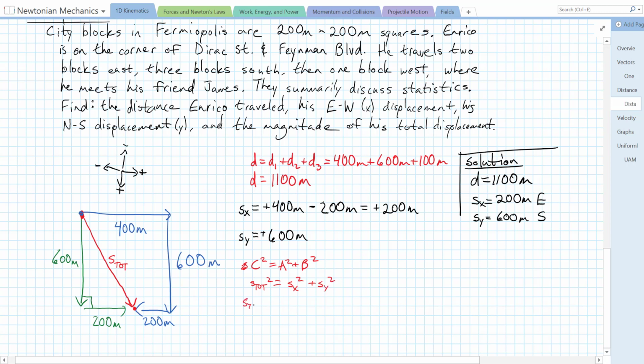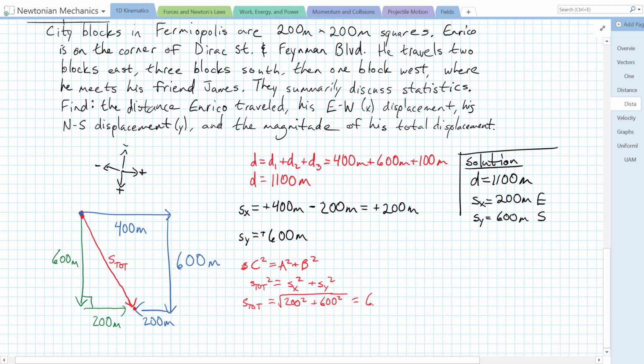So S total then is equal to the square root of, well, Sx is 200 meters squared, I'll do the units afterwards, plus 600 squared. And we're going to have to plug that into a calculator. Calculator time. Let's see, 200 squared plus 600 squared. And then we take the square root of that.